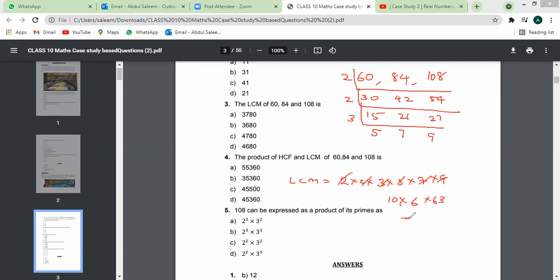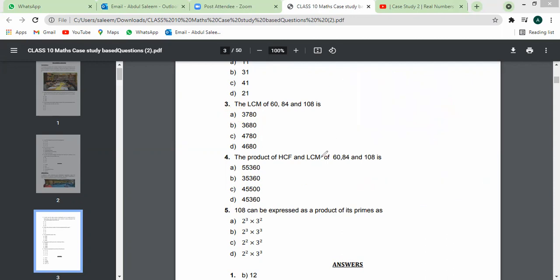So we can multiply 6 into 63, which is 378. If you multiply with 10, we can substitute a 0 here. So the answer is 3780. The LCM of 60, 84, and 108 is 3780.